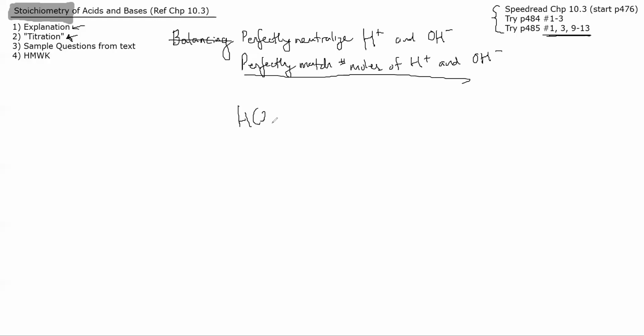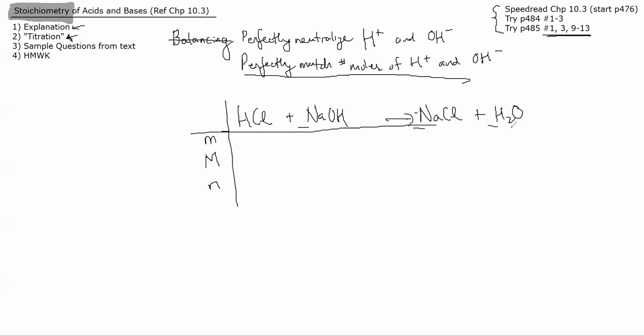If I have HCl plus NaOH, and I know as a double displacement reaction I'm going to have NaCl plus H2O, the coefficients are going to be 1, 1, 1, and 1. So let's turn it into a chart. If I have 0.50 moles of HCl, that also means, using your calculations, I have 0.50 moles of hydrogen ions when HCl dissociates.